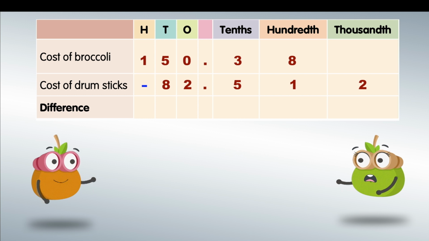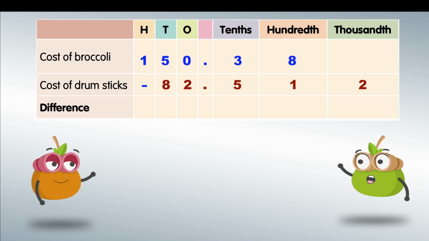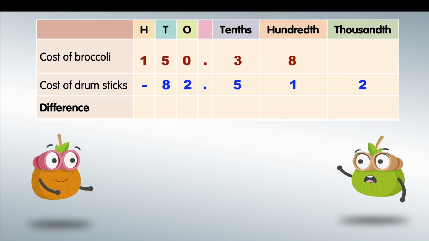Arrange the cost of broccoli at Rs 150.38 and drumsticks at Rs 82.512 with the digits separated according to their place values.